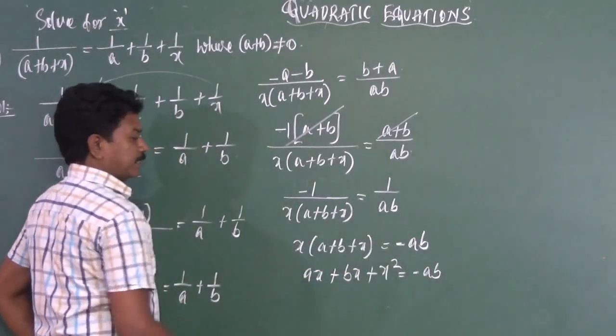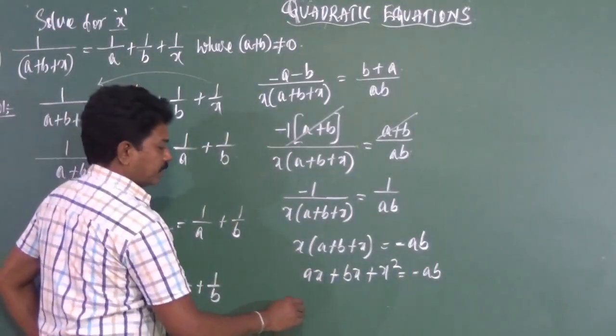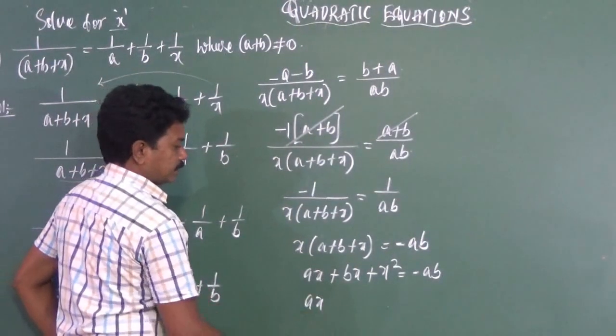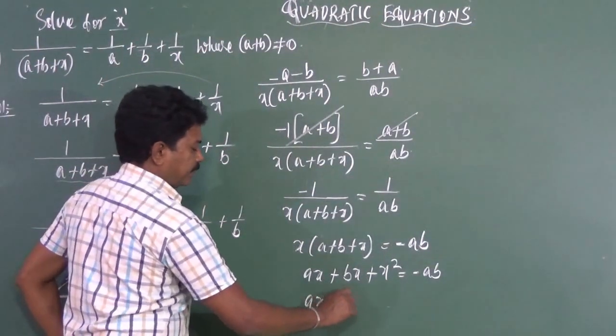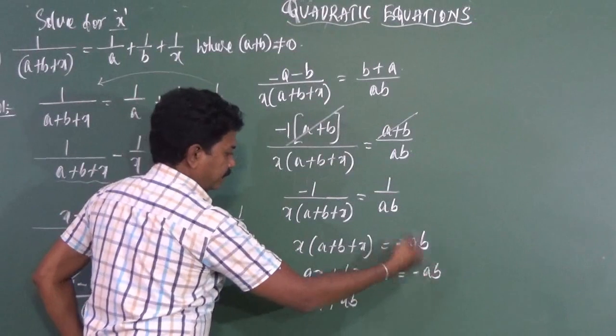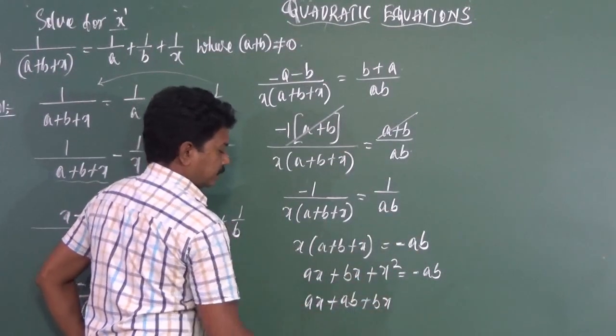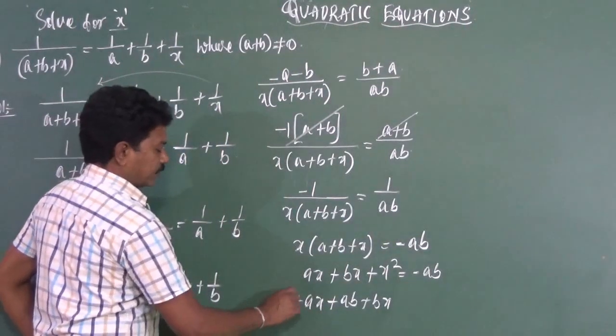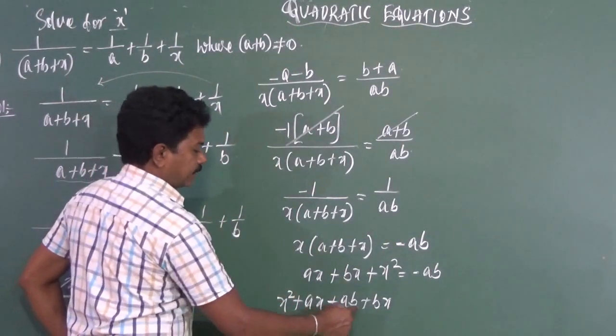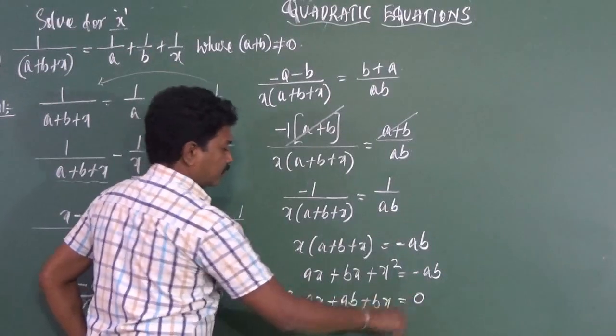So we will transpose that minus ab to the LHS. So that becomes x square plus ax plus ab plus bx is equal to 0.